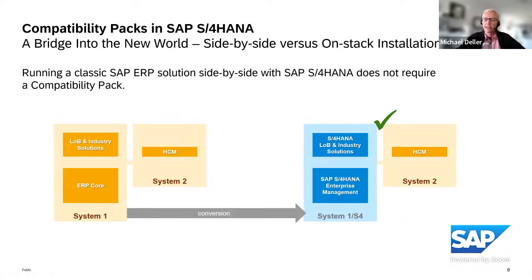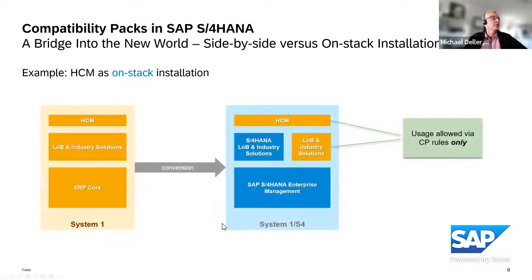Compatibility packs only apply to the S/4HANA world, and they only apply to S/4HANA instances. Meaning, if I have a customer case where the customer is running 2 productive instances, one for HCM separated from the other system which runs anything else, and the customer converts the anything-else system to S/4HANA, this system will obey the S/4HANA commercial and maintenance rules, while the technically unchanged HCM system still is, as you can see, yellow, meaning following ECC or Business Suite rules.